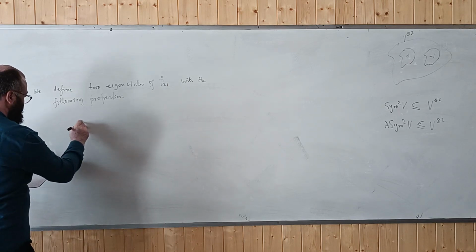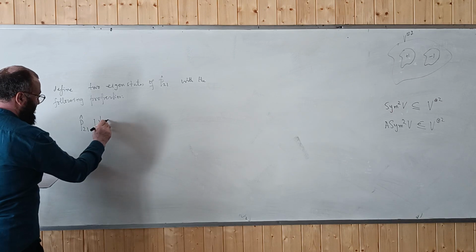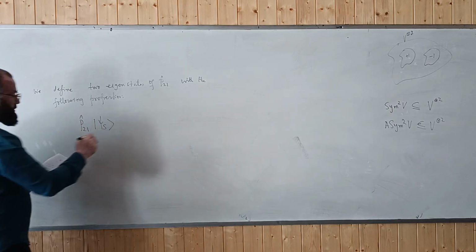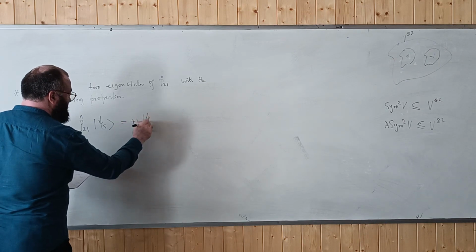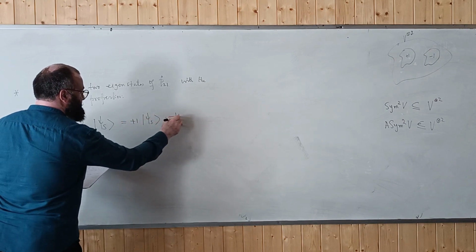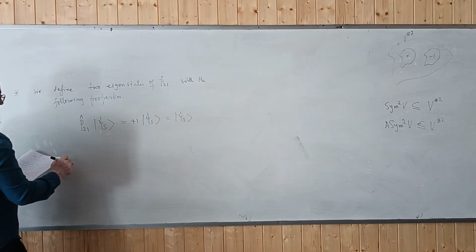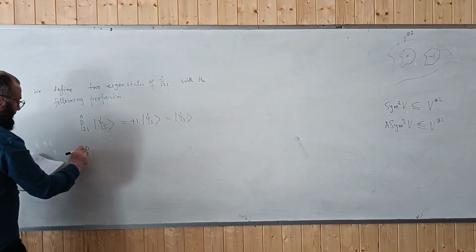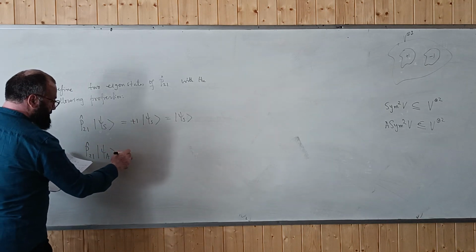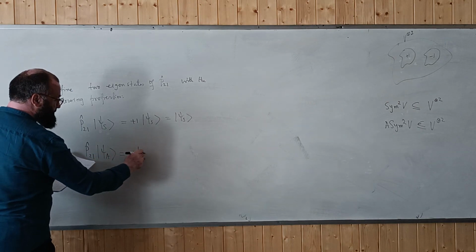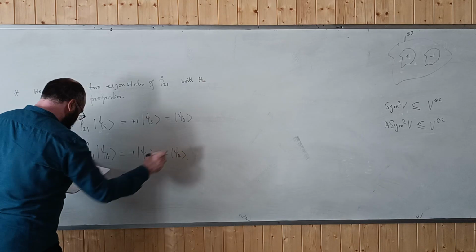So let me take that P21. I have a state, let me call psi s one of the states. It is an eigenstate of this P21 with the eigenvalue plus 1, so P21 psi s is the same as psi s. Clear? Another eigenstate, let me write that as psi a. It has an eigenvalue minus 1, so P21 psi a is minus psi a.